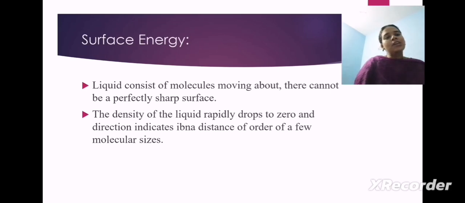No. So liquid consists of moving molecules, but they can't form a perfectly sharp surface. Then the density of the liquid rapidly drops to zero over a distance of the order of a few molecular sizes.